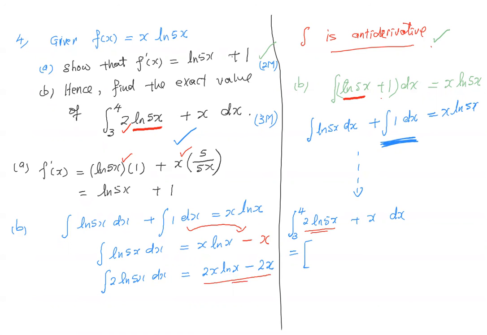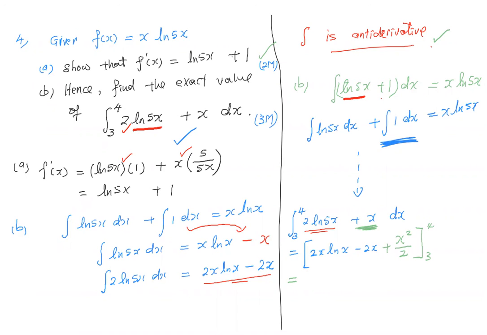So I just write it down: 2x ln x minus 2x. Okay, now the integral of this part is plus x squared over 2, from 3 to 4. So now you start with 4, take away sub with 3. So 8.